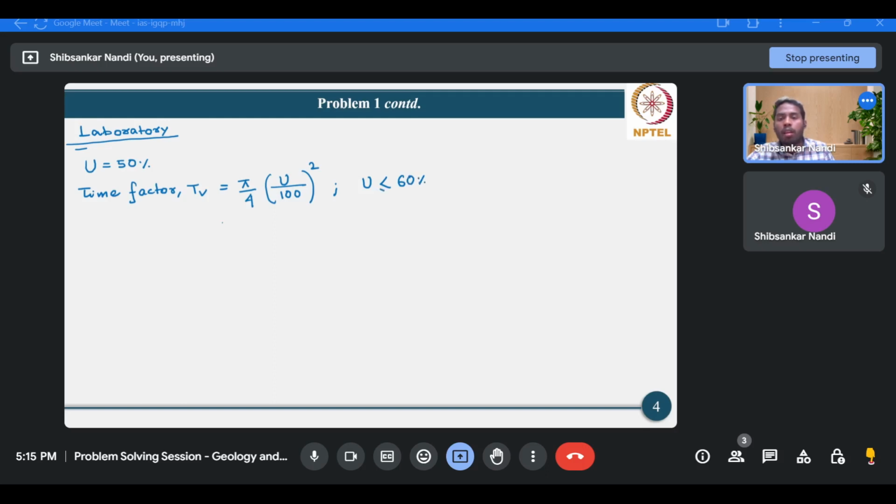Okay, now if it is more than 60%, then you have to calculate this time factor from this equation, 1.781 minus 0.933 log of (100 minus U), if it is greater than 60%. Now since for the present problem it's less than 60%, so we'll use the first equation.